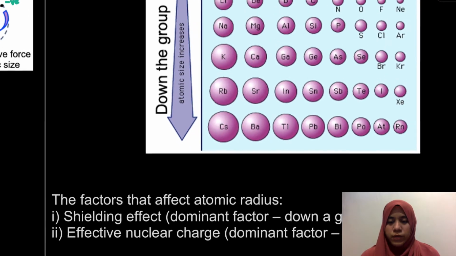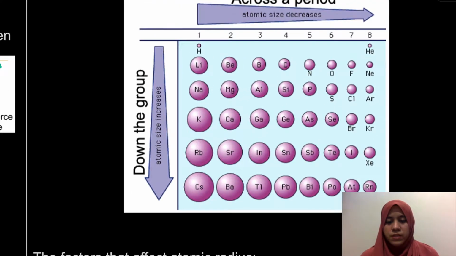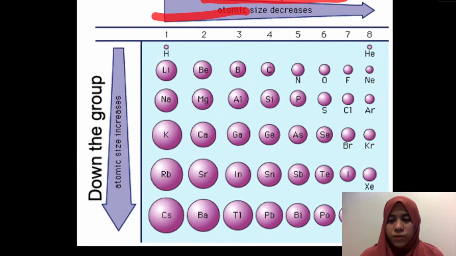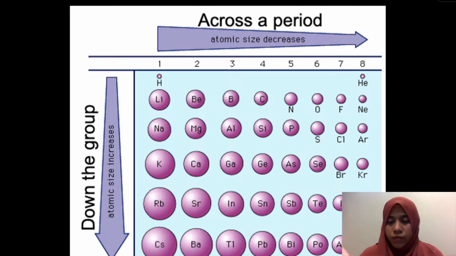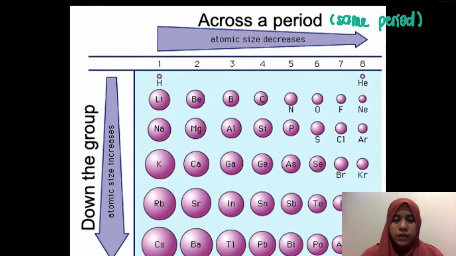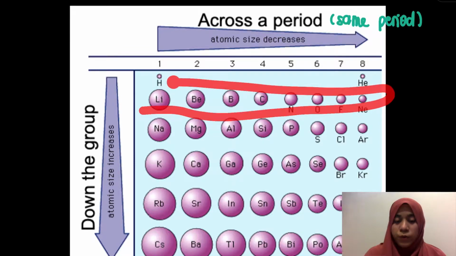From the size itself, you can see there's a trend across a period. What does across a period mean? It means the same period. Here, for example, is our period 2.